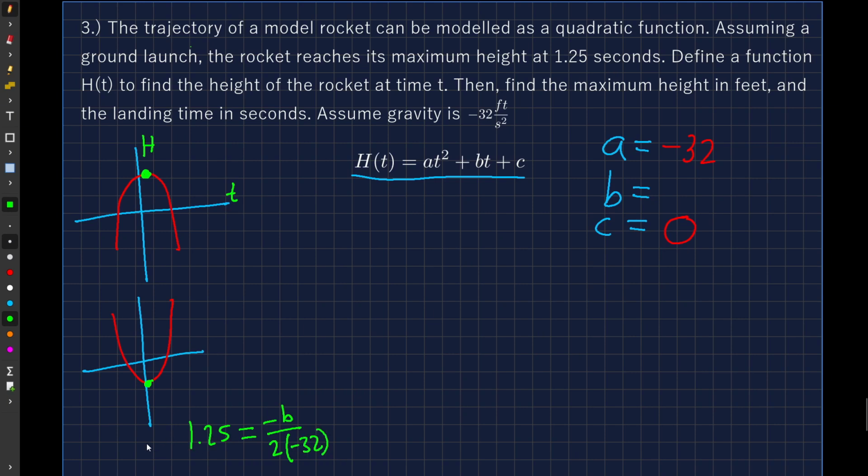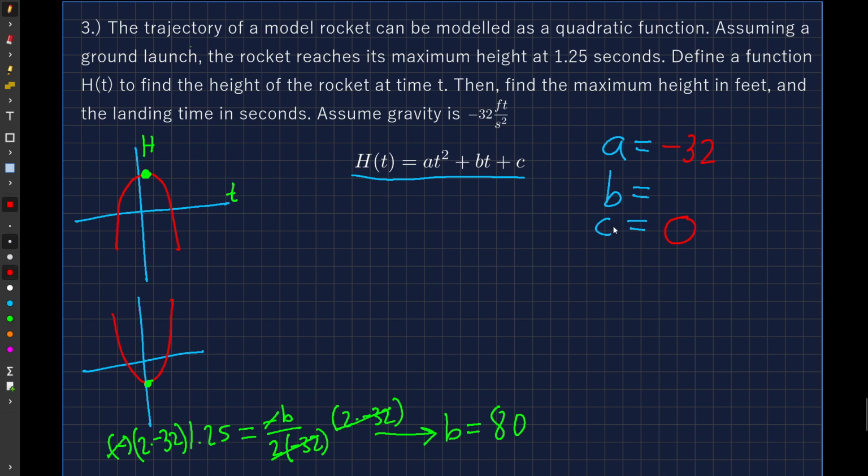So if we solve for b, we first need to multiply by a negative, and then multiply by the two numbers on the denominator. So this negative will cancel out that negative, and this will cancel out the denominator. If we complete this calculation, we will find that b is equal to 80.